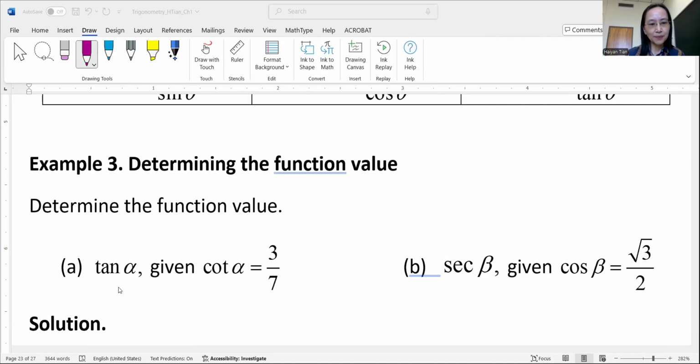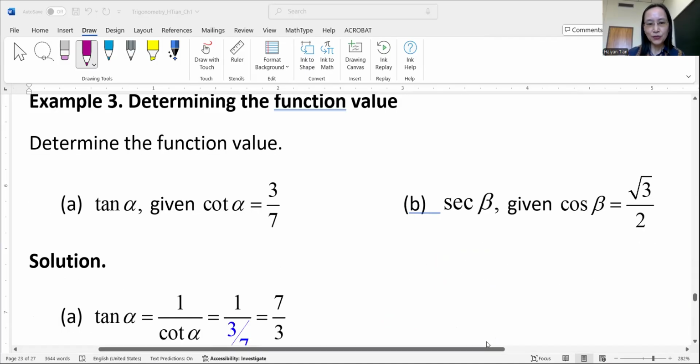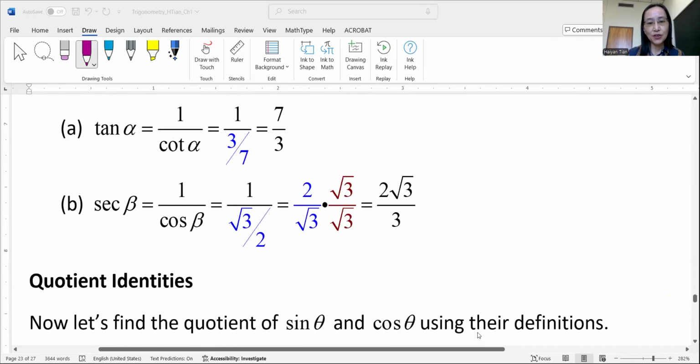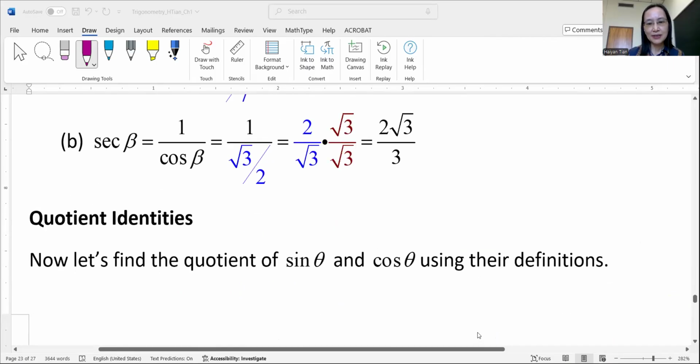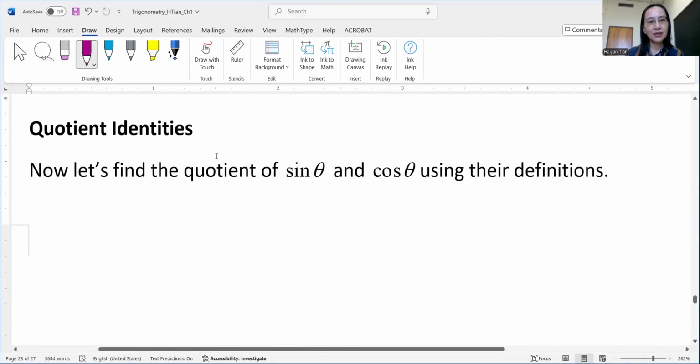Another group of properties is called quotient identities. So let me write the quotient identity.